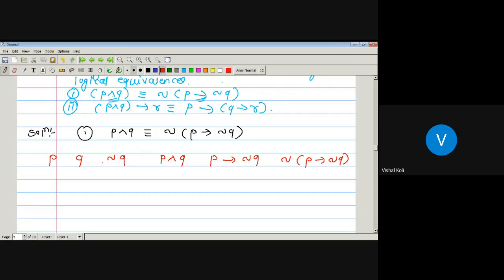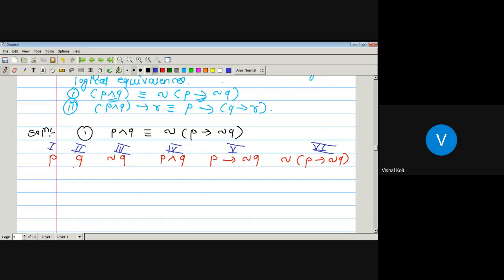Now we will denote these as columns: first column, second, third, fourth, fifth and sixth. So these are the columns.